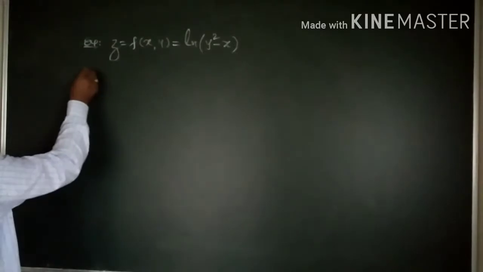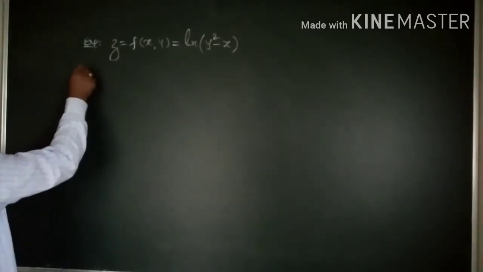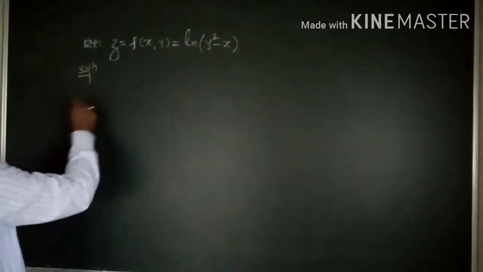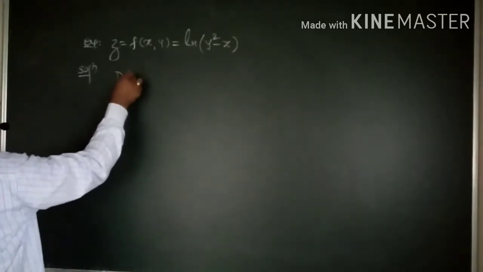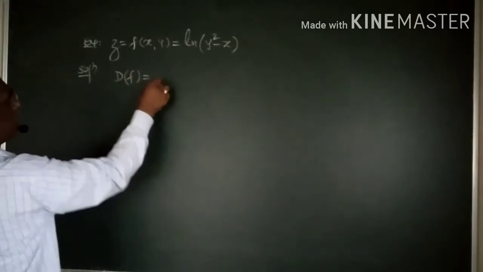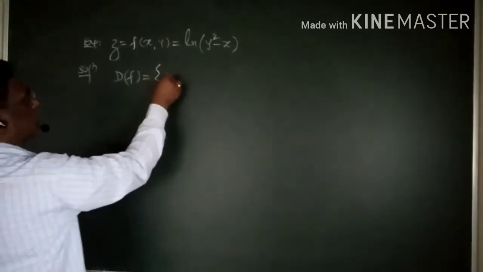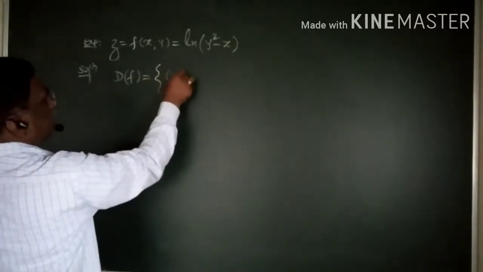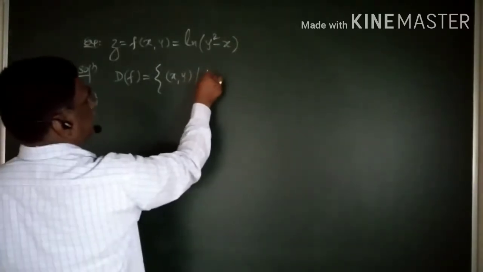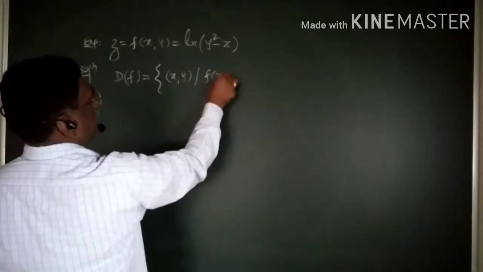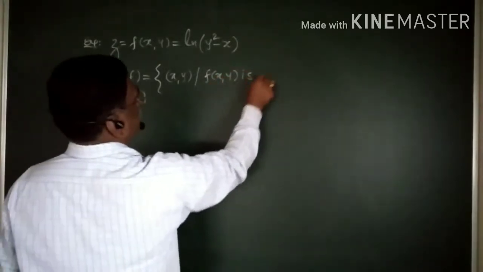Now, let us go for the domain of this function. By the definition, the domain of f is the set of all ordered pairs x y such that f of x y is defined.